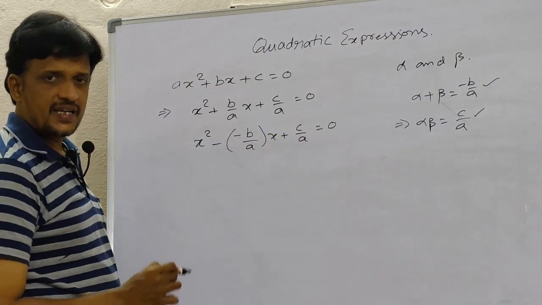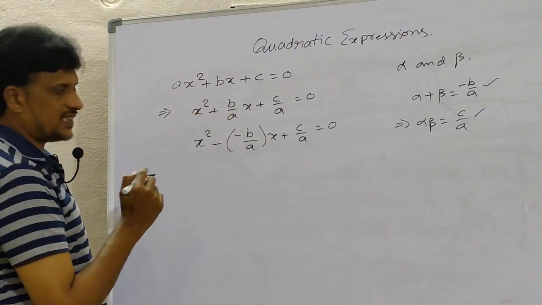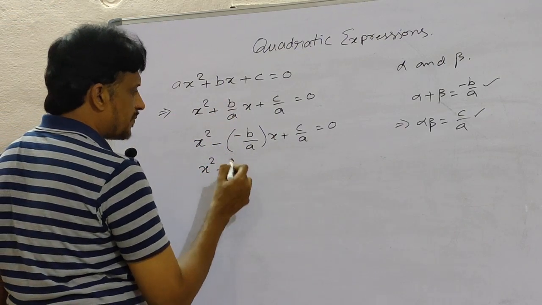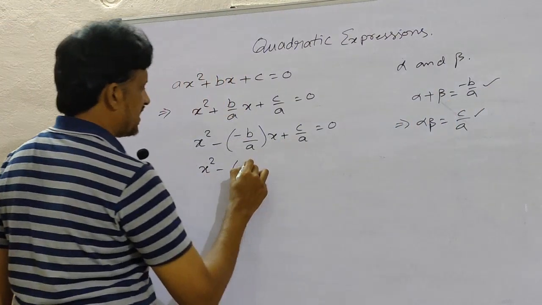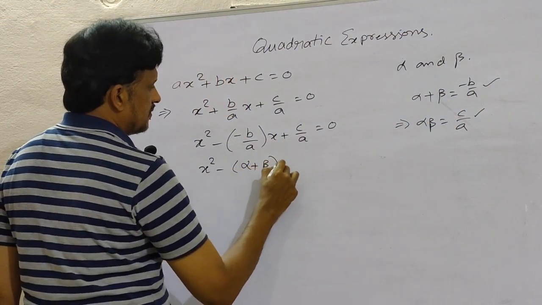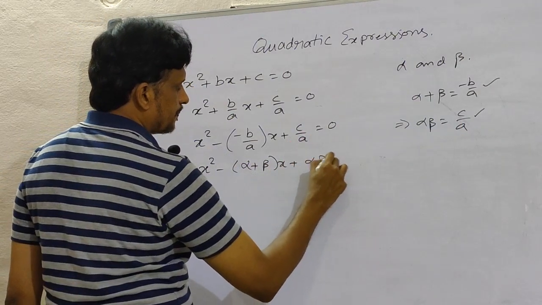Why am I writing like this? Because I have the value of minus b by a, that is alpha plus beta, and I know the value of c by a, that is alpha into beta.